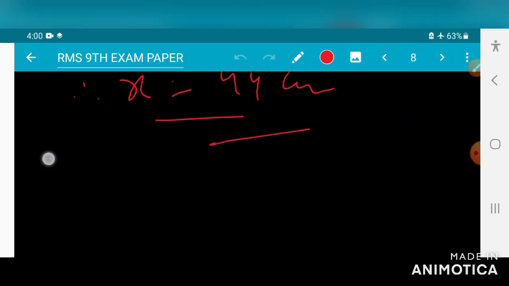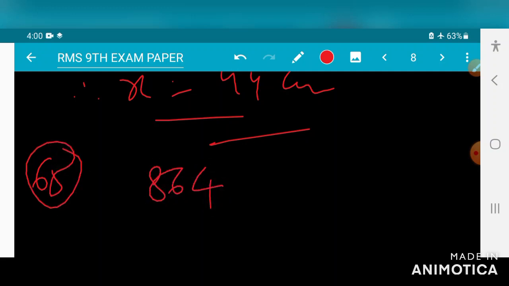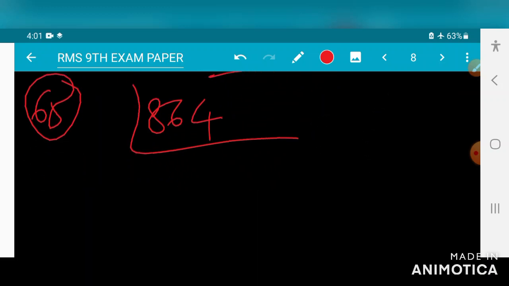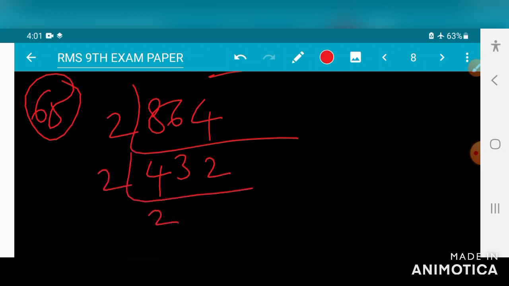65th solution. 864. Go for factors. First, 2 4s the 8, 2 2s. Next, again 2 2s, 2 1s.